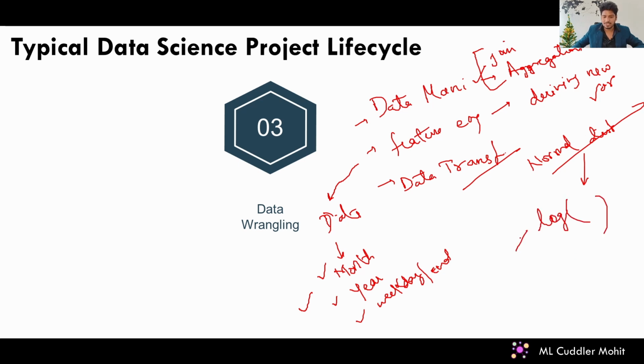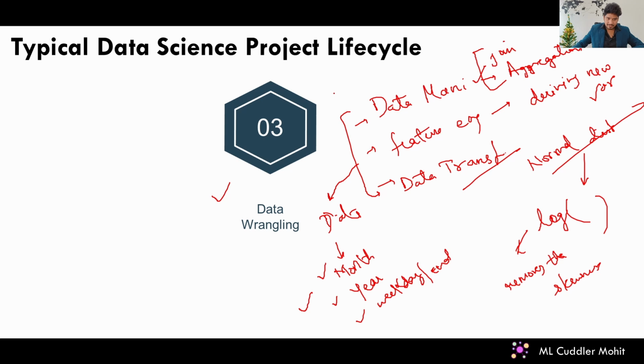Log transformation removes the skewness present in the data. Sometimes you have to take the log transformation, sometimes the exponential transformation, sometimes just the square of a variable. These kinds of transformations we take a lot of the time. So these are the steps involved in the third part.